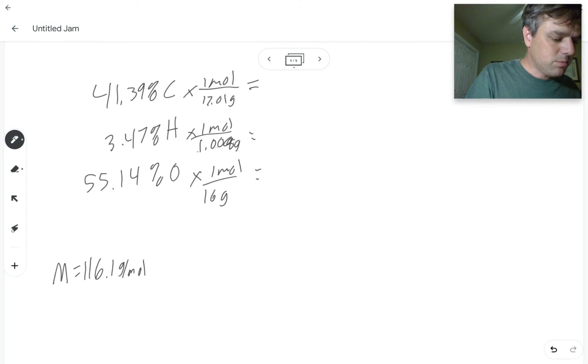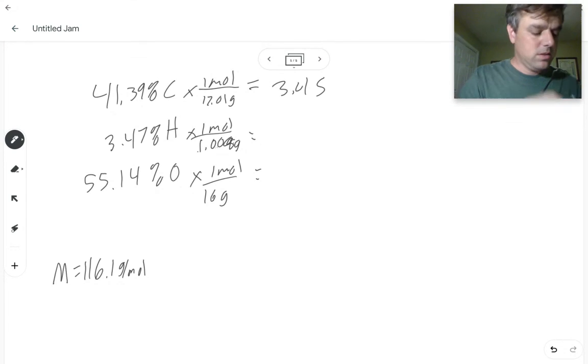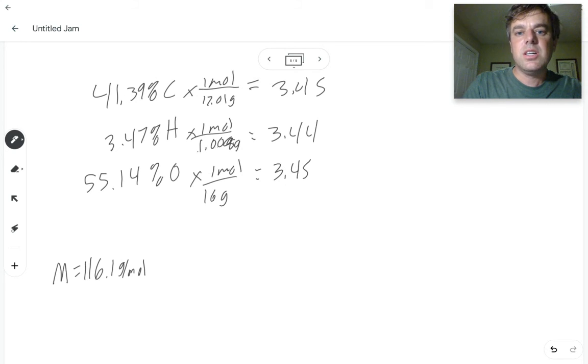So we take 41.39 divided by 12.01, and we get 3.45. 3.47 divided by 1.008 is 3.44. And 55.14 divided by 16 is 3.45. So you can see these are all the same.